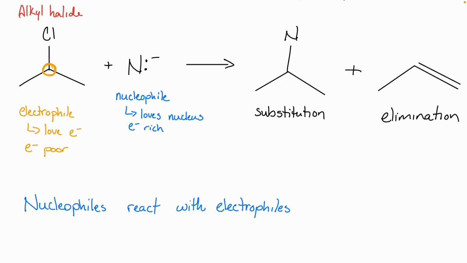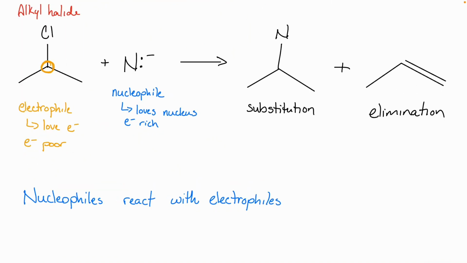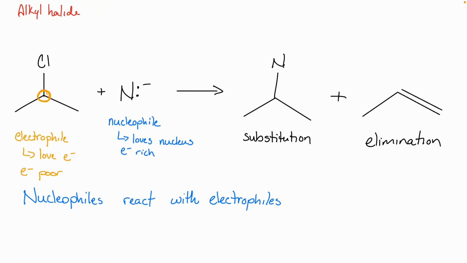Okay, so we can just say chlorine is electronegative, which means it steals electron density from carbon.